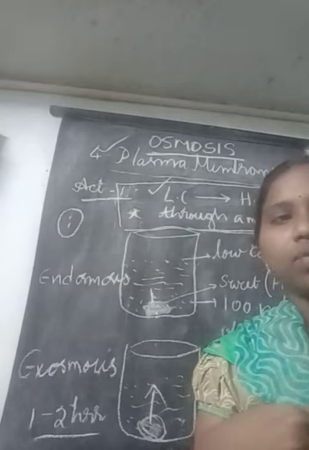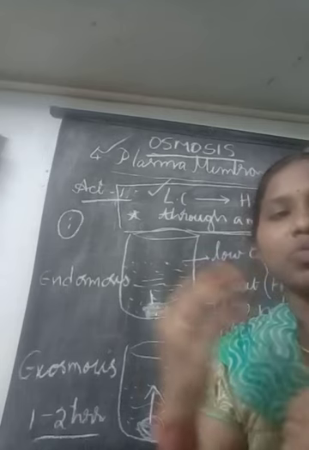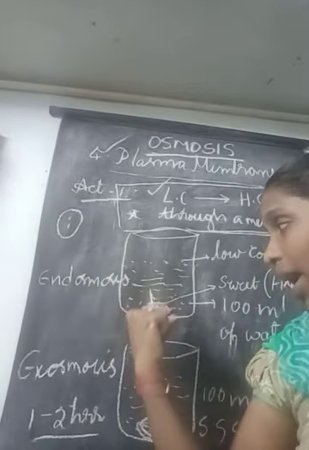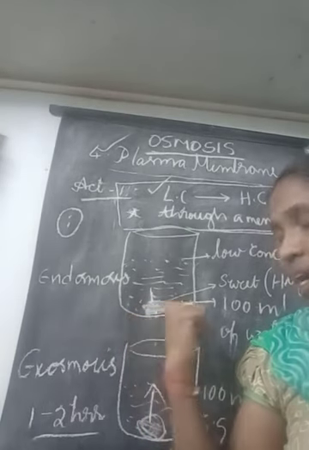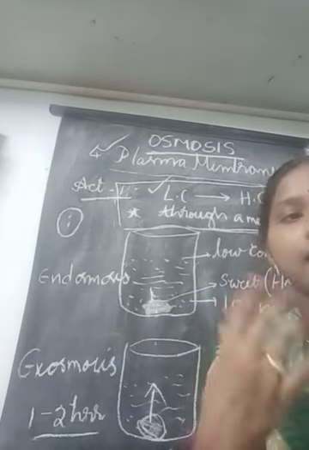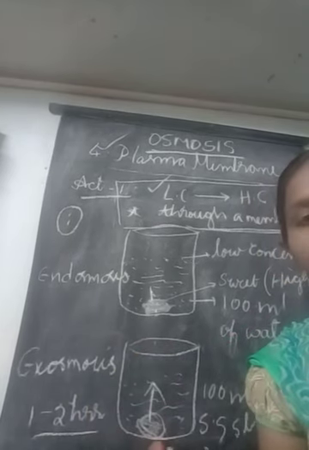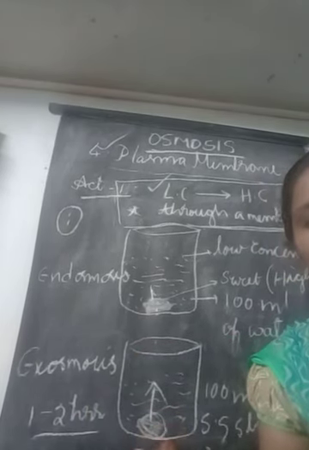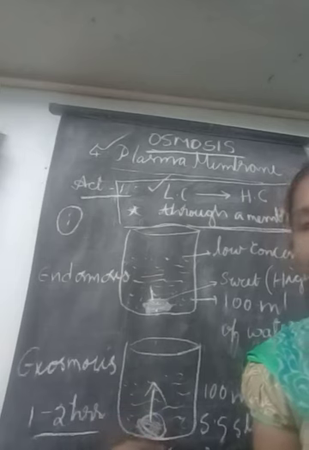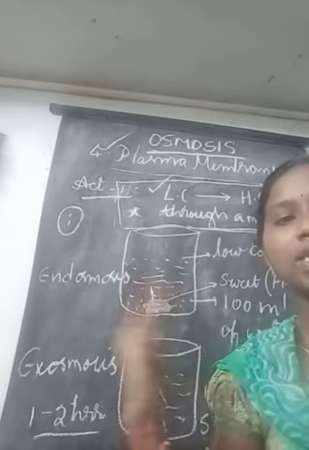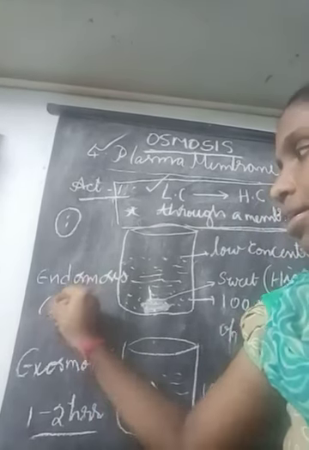Endo means into. Water is entering into the resin. That's why endosmosis. Here the water is moving away from the resin. That's why exosmosis. Exo means out, endo means in. Is it clear?